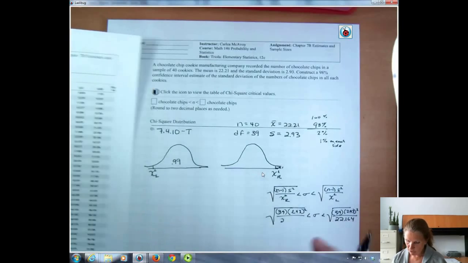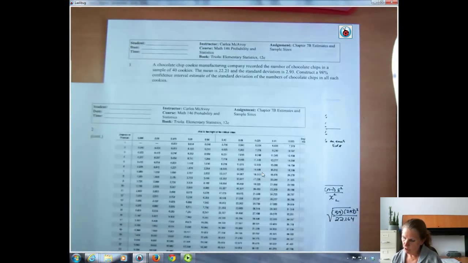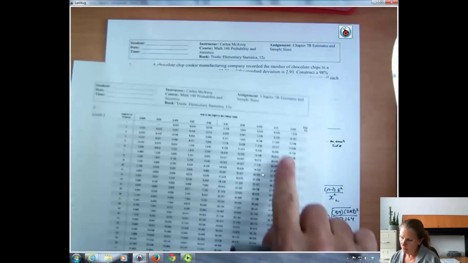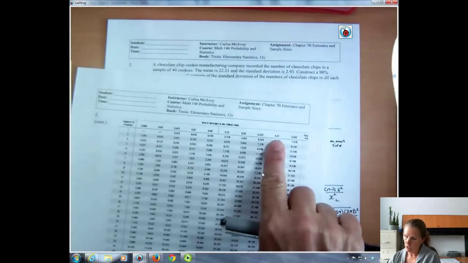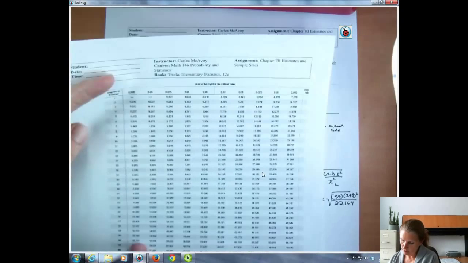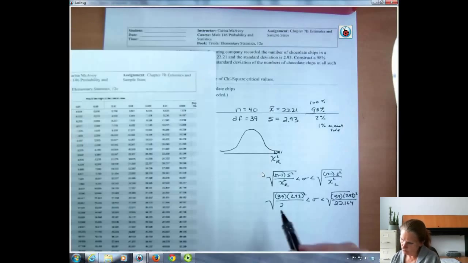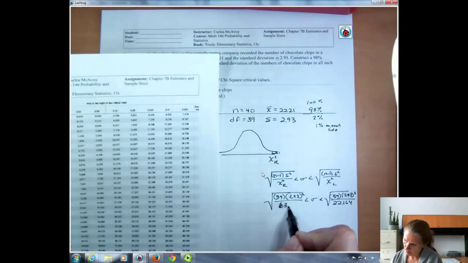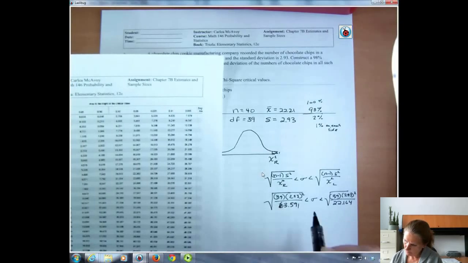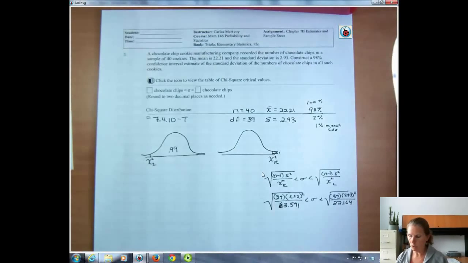And my right one would be the 0.01, which is here, and I would come down to 40. And that's 63.591, more or less. Who can say for sure?